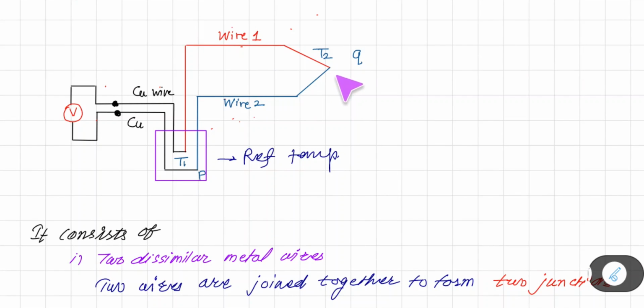This junction is known as the hot junction or measuring junction. And obviously another junction is connected to a body whose temperature is known. This junction is called the cold or reference junction. This way we can organize this device for measuring the temperature of the unknown body.